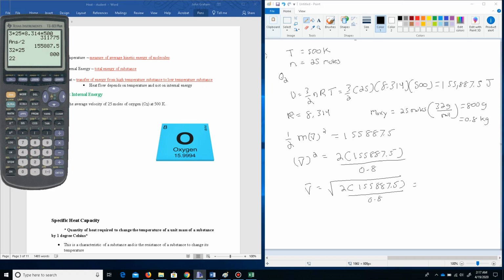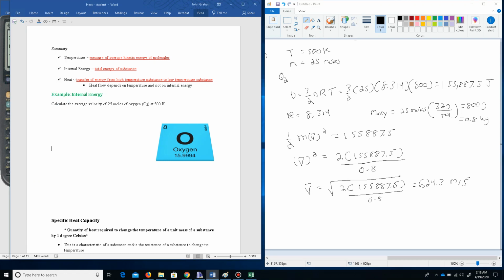So 2 times that, divided by 0.8, and then take the square root. We get 624.3 meters per second. Alright, so that's the internal energy.